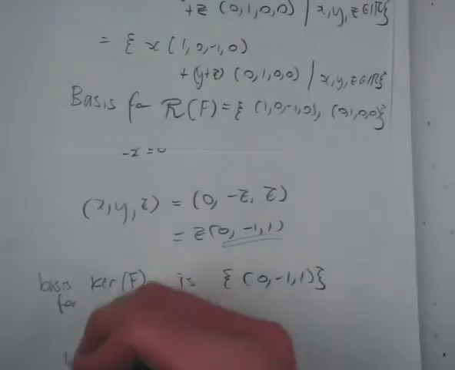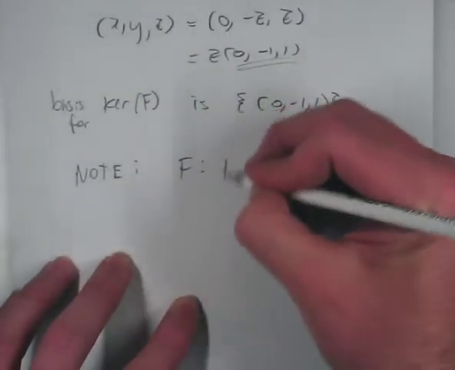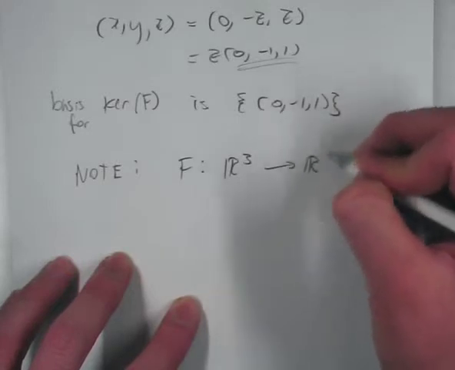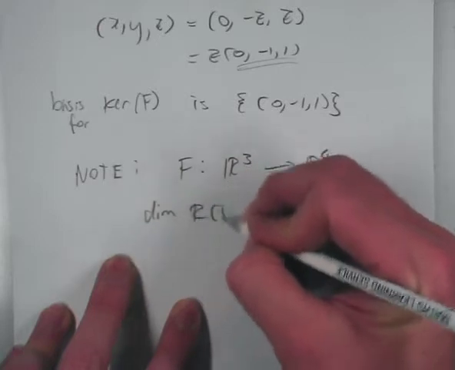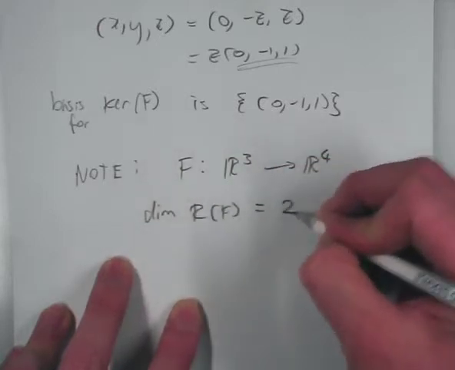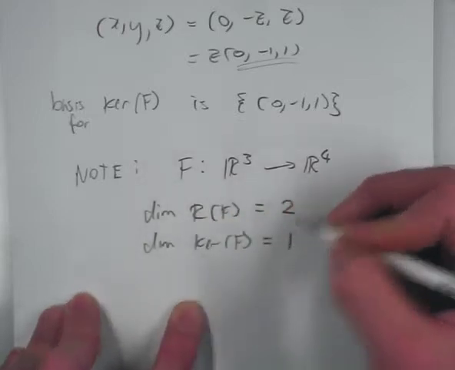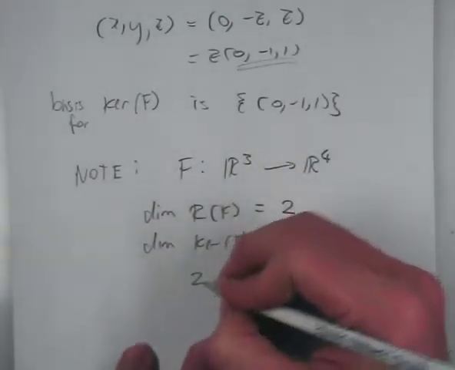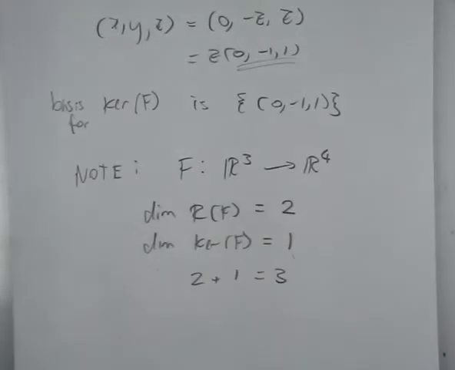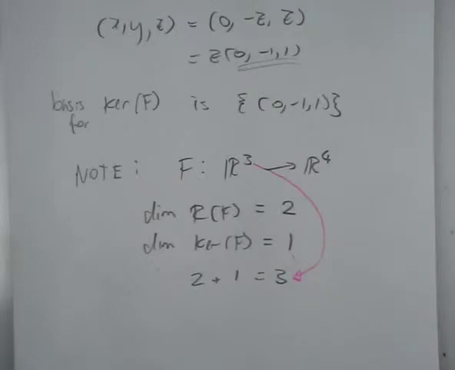So just note, f sent R3 to R4, and we know that the dimension of the range of f is 2, and the dimension of the kernel of f was 1, and so just note that 2 plus 1 equals 3. So that 3 that we came from is the sum of the dimensions of the range and the kernel.